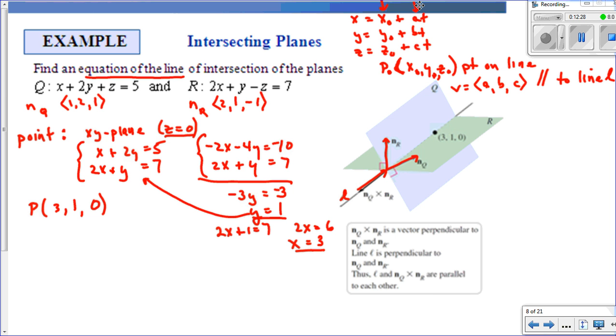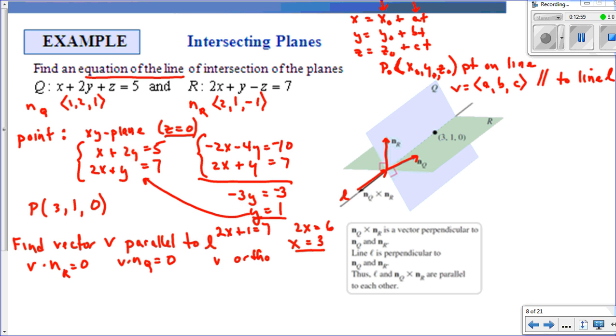So I want to find a vector v parallel to the line. And we'll note that v is orthogonal to both n sub r, so that means that the dot product will be 0, and v dotted with n sub q must also be 0. But because it's orthogonal to both n sub q and n sub r, that means that we can find a candidate for v by taking the cross product.